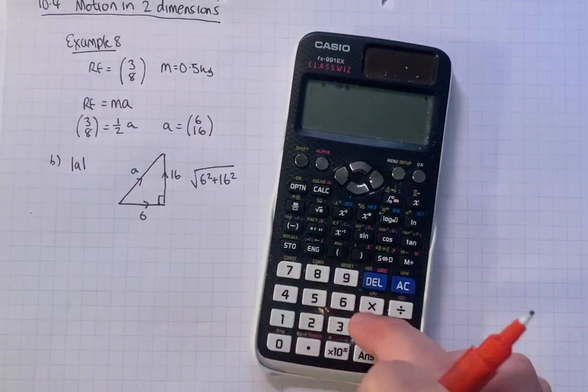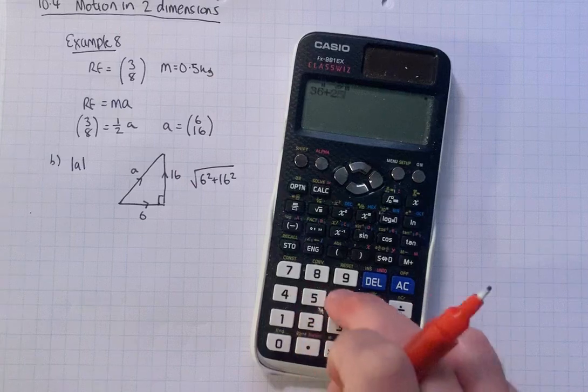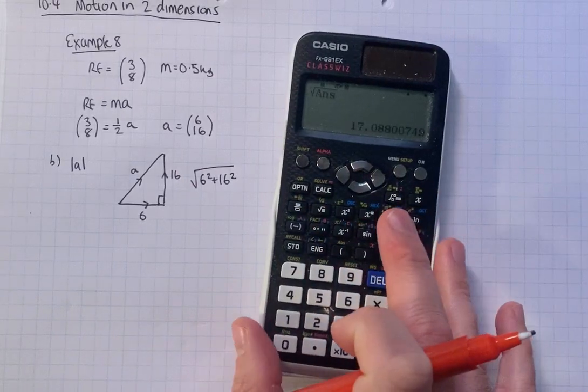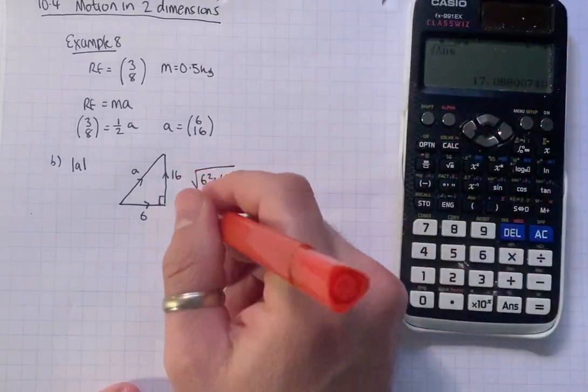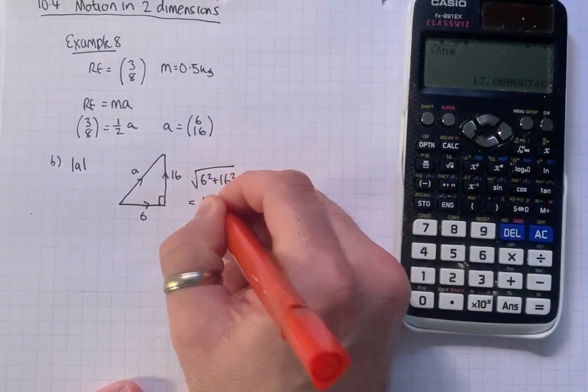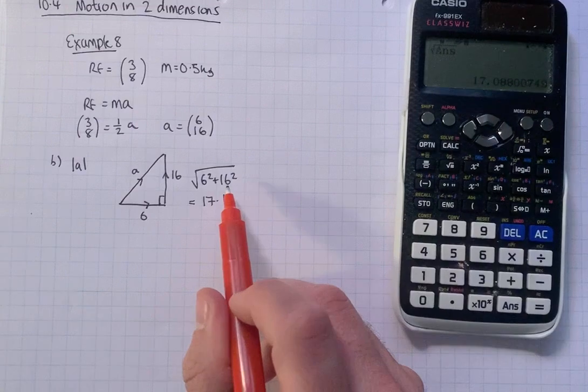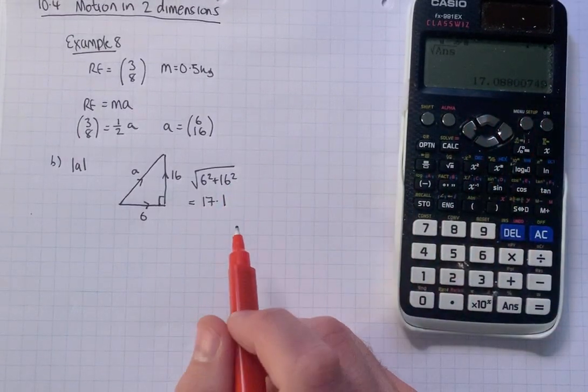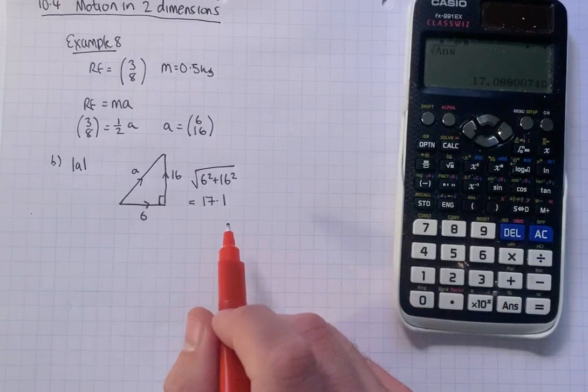Calculate a job for that. 36 plus 256 square rooted. 17.1. Generally we give answers to 3 sig figs, but were I to use this answer in a subsequent calculation, I would use the full answer. I only give you final answers to the required accuracy.